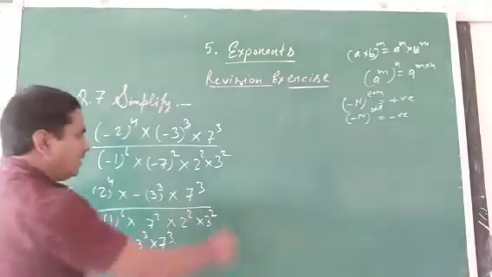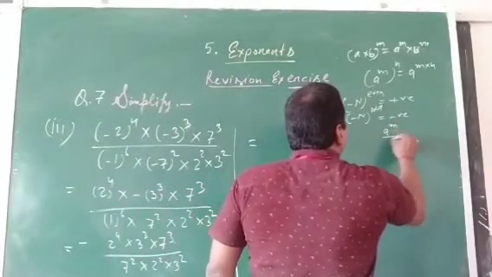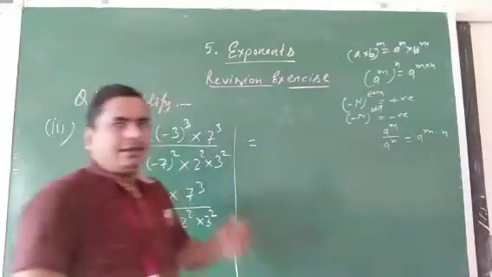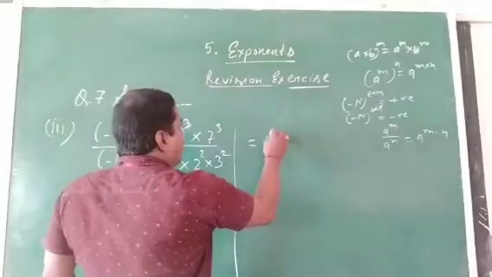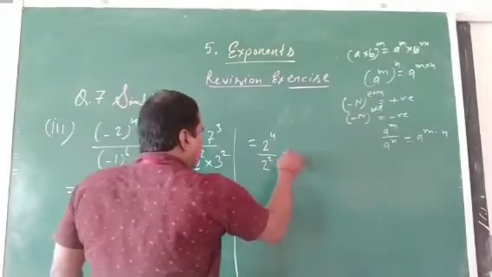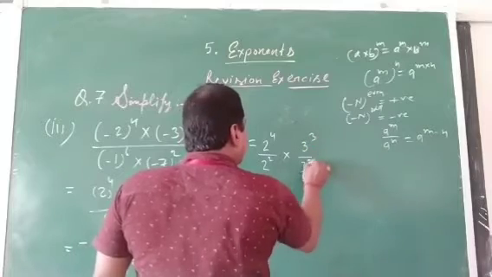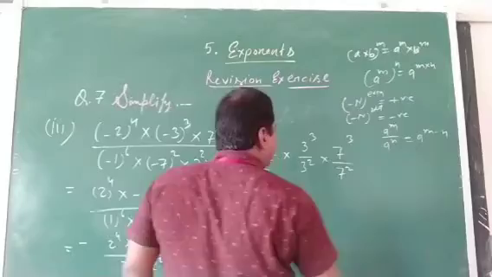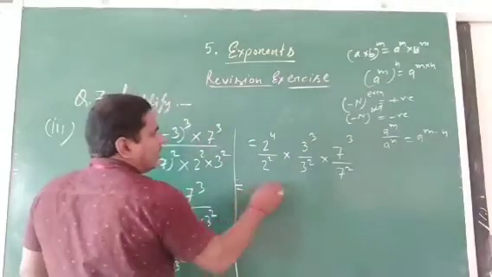So again we apply this rule: a to the power m upon a to the power n is equal to a to the power m minus n. So see here, 2 to the power 4 upon 2 to the power 2, into 3 to the power 3 upon 3 to the power 2, into 7 to the power 3 upon 7 to the power 2. Okay, clear?